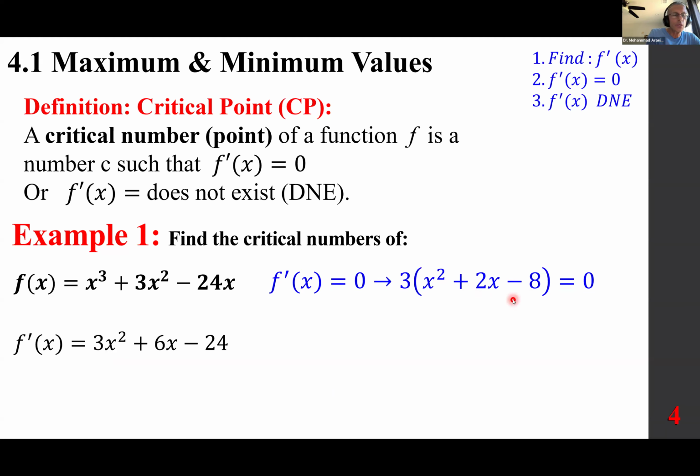We can factor. We are looking for 2 numbers. The product must be negative 8 and the sum must be positive 2. We get positive 4 and negative 2. That's how we factor this.